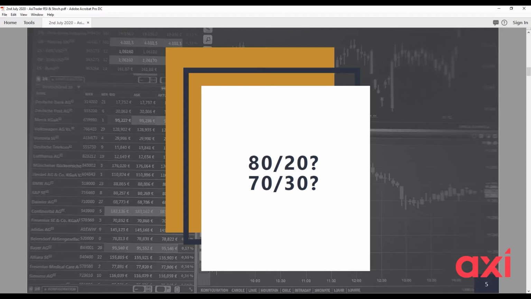And the funny thing is, no one has ever said stochastic has to be 80-20 and RSI has to be 70-30. If you think about it, the creator of the formula never strictly said that 80-20 is definitely the level to look at and 70-30 is definitely the level to look at.